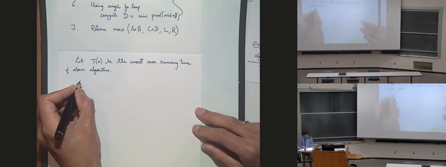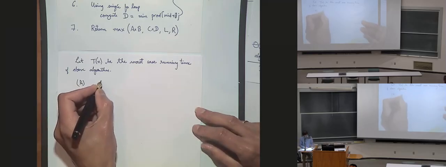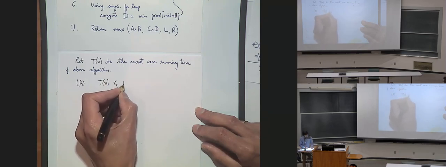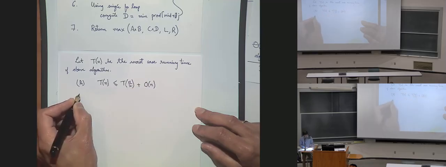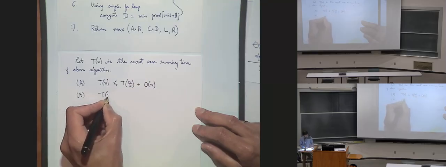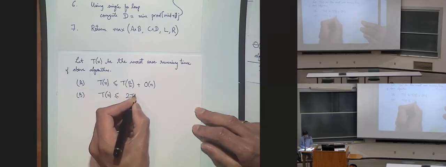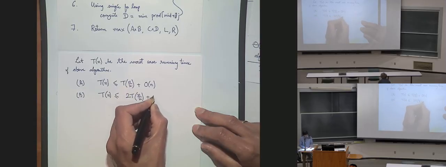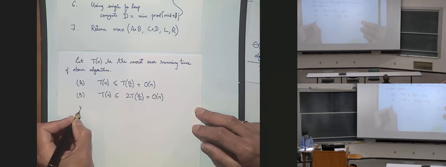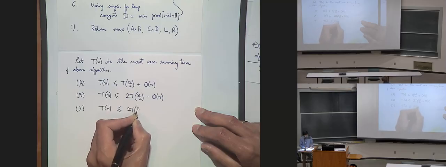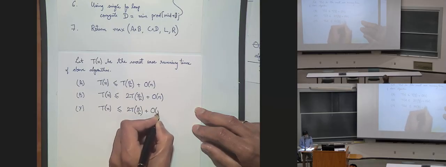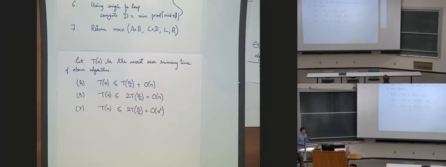Okay, so now I'll just ask you, what do you get? Do you get T of n is less than T of n over 2 plus O of n? Do you get T of n is less than 2T of n over 2 plus O of n? Or do you get T of n is less than 2T of n over 2 plus O of n squared? What do you get? Tell me.